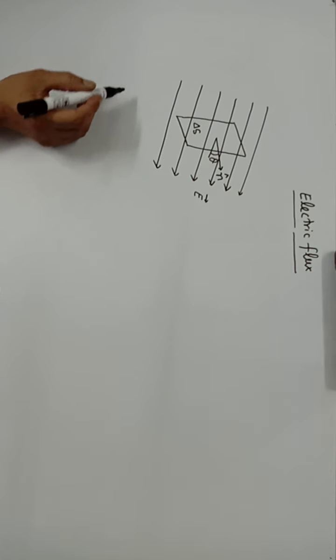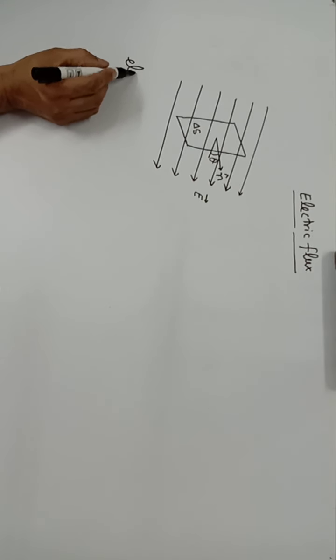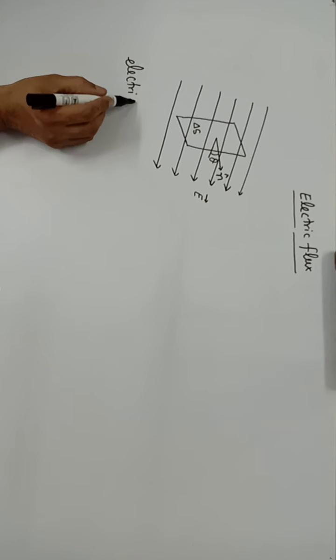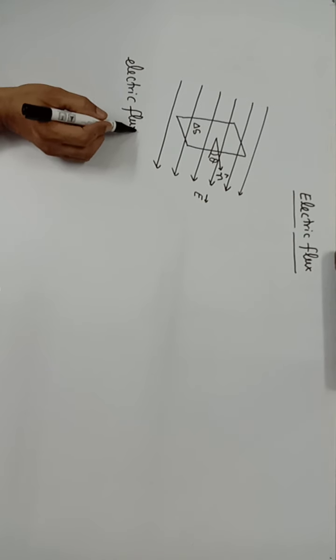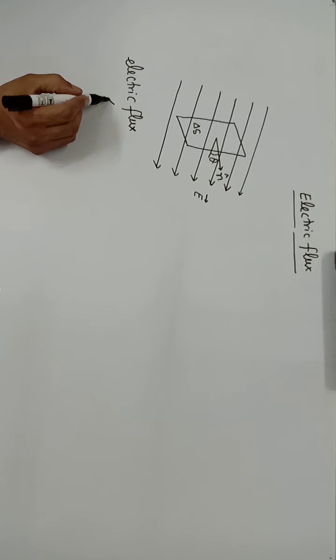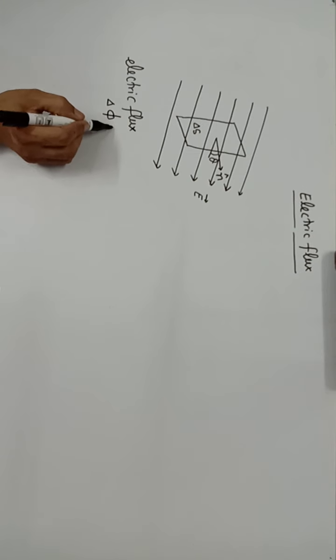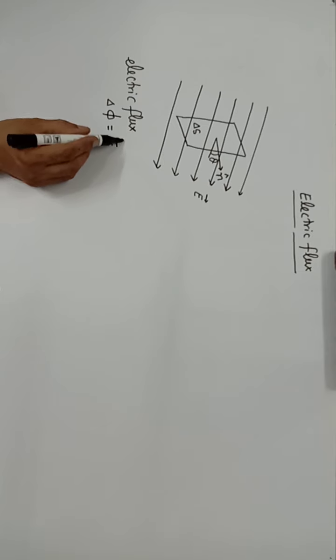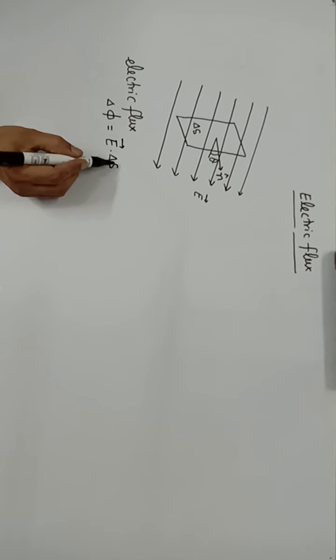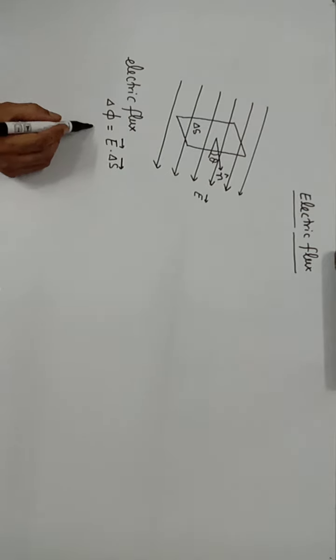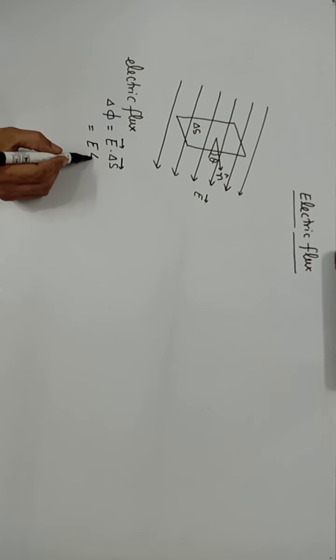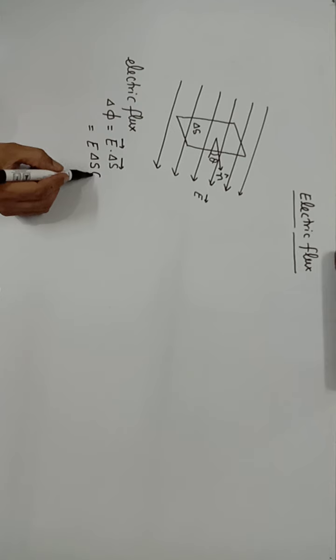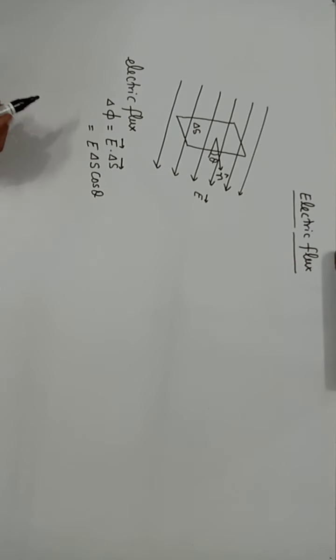So we write the electric flux, we denote it by delta phi, and it is equal to E dot delta S. Dot product is there, so we write cos theta. It is proportional to the number of field lines cutting the area element.